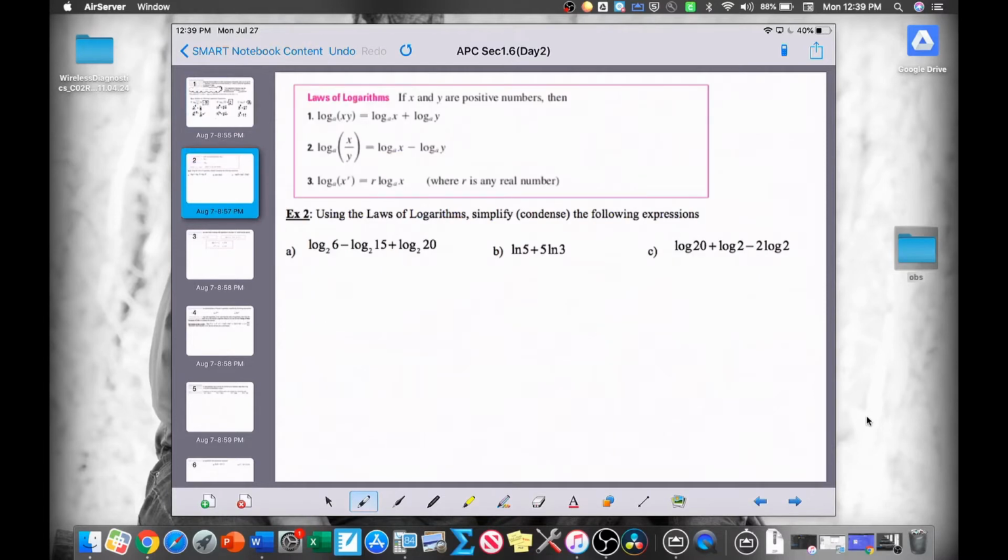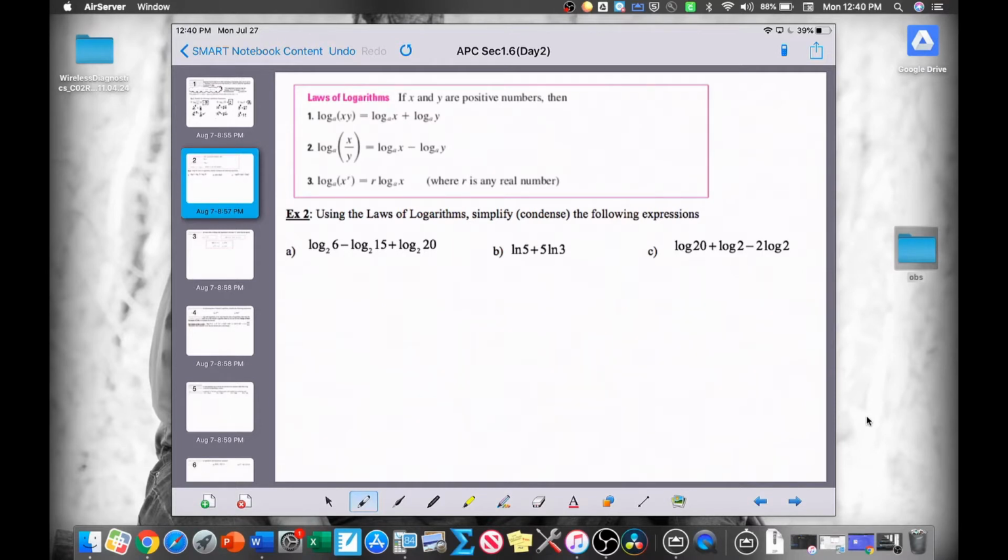The next thing we're going to review is our laws of logarithms, and you should remember these as well. If x and y are positive numbers, then log base a of x times y, multiplication inside of a log, is equal to log base a of x plus log base a of y. Multiplication inside of a log expands to addition of two logs with the same base.